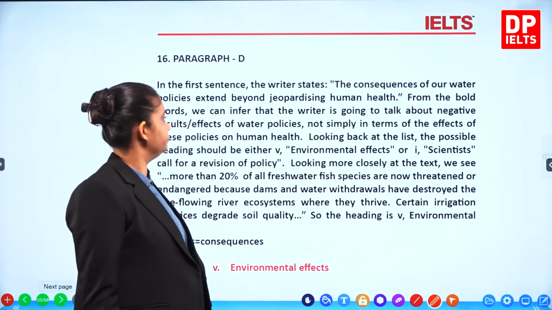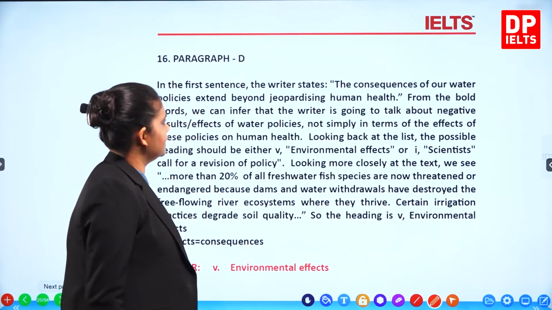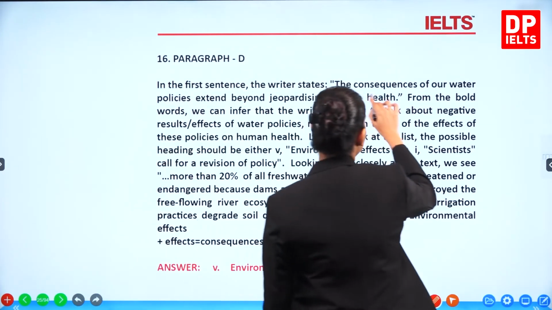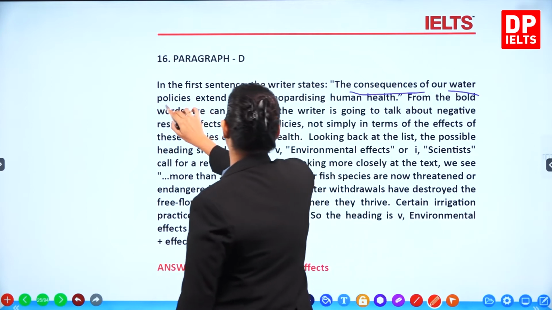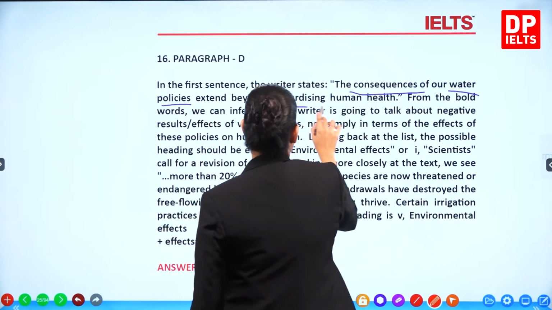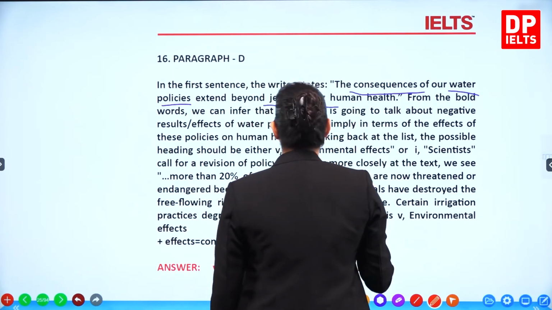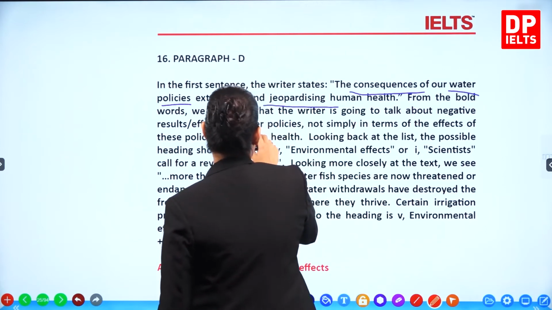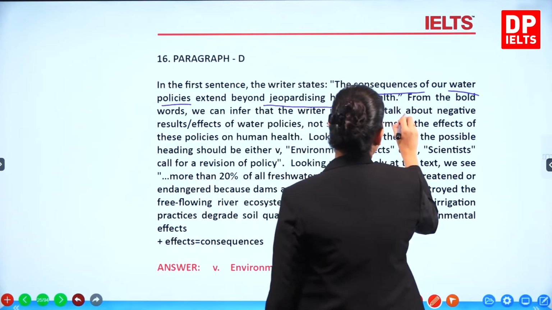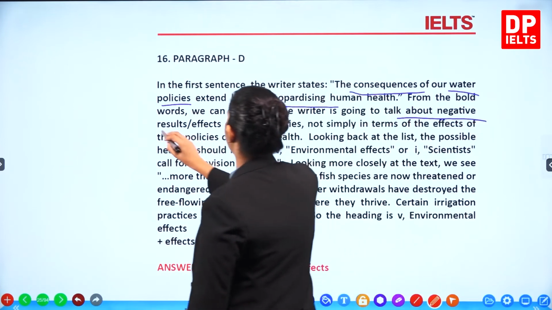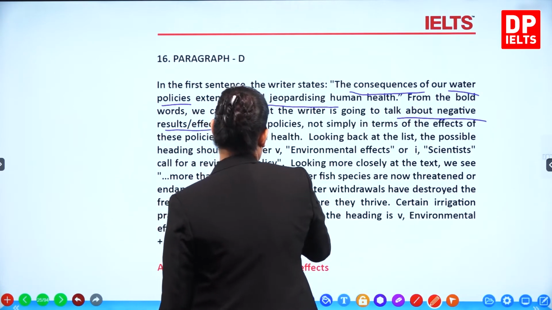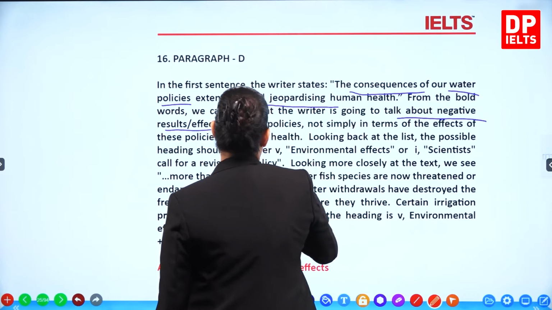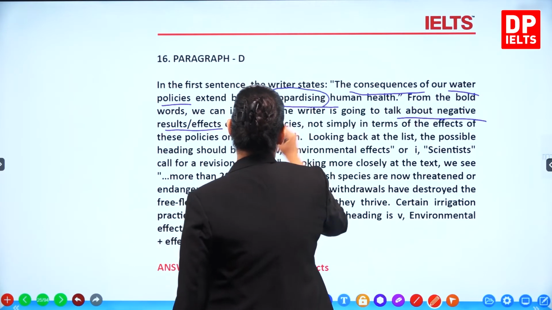Paragraph D. In the first sentence, the writer states, the consequences of our water policies extend beyond jeopardizing human health. From the bold words, we can infer that the writer is going to talk about negative results and effects. Okay? Jeopardizing here.